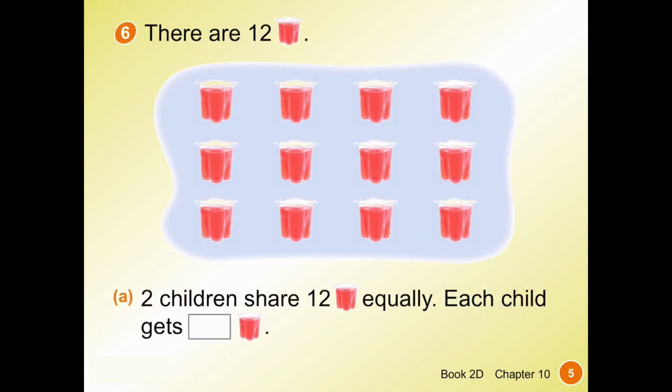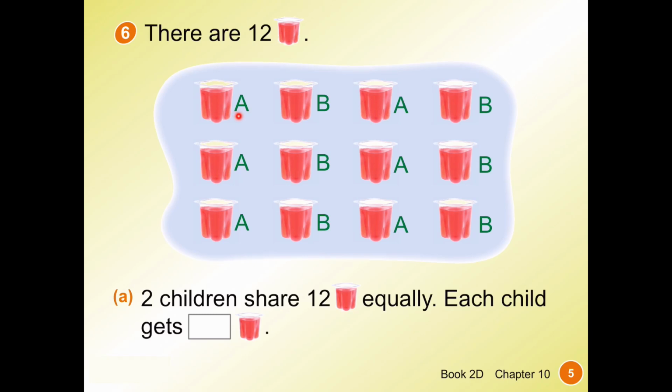There are 12 cups of Jell-O. So for part A, 2 children share 12 cups of Jell-O equally. Each child gets... So then we will fill out the A and B individually for each cup of jelly.